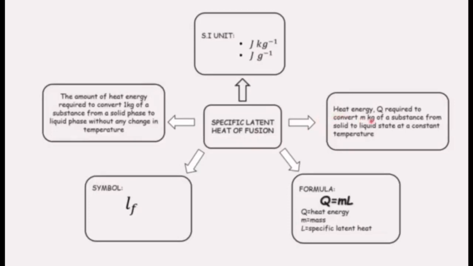Heat energy Q is required to convert m kg of a substance from solid to liquid state at a constant temperature. We can use this formula to solve problems: Q = mL, where Q represents heat energy, m represents mass, and L is specific latent heat. The SI unit of specific latent heat of fusion is joule per kilogram or joule per gram.